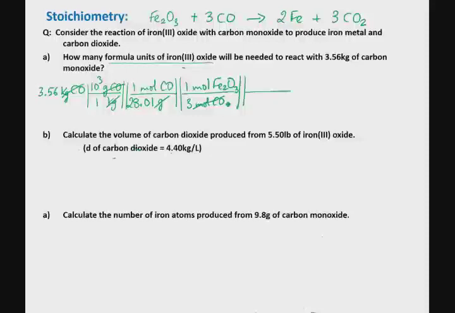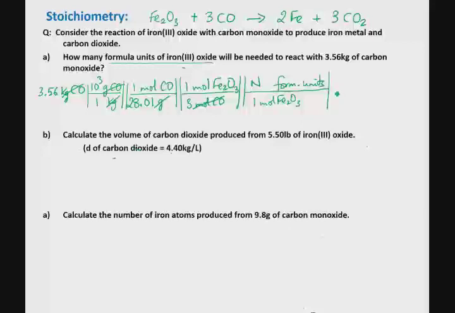And then moles of Fe2O3 can be converted into formula units. Formula units, please remember, is a kind of particle, just as atoms and molecules. Formula units would be the smallest unit for an ionic compound, so that Avogadro's number goes there. 6.022 times 10 raised to 23 goes there.